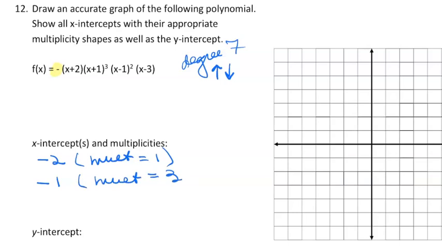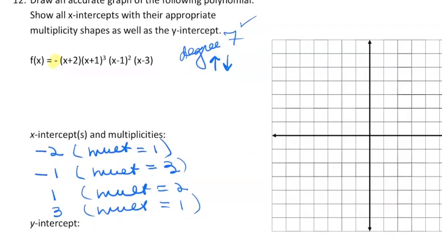Then I have a positive 1, and that has a multiplicity of 2, and then I have a 3 with a multiplicity of 1. So if I add multiplicities together, 3, 4, 5, 6, 7, I know that I've done everything correctly.